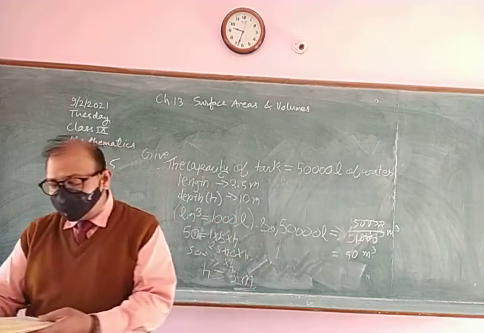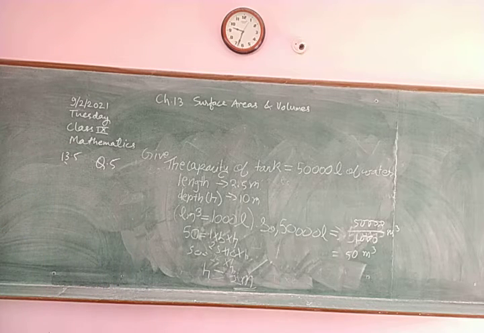Now the next question, number 6. A village having a population of 4,000.